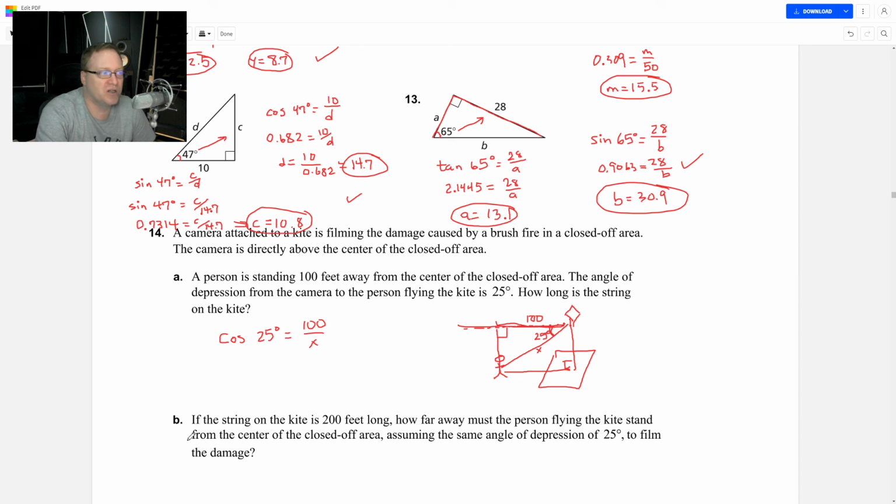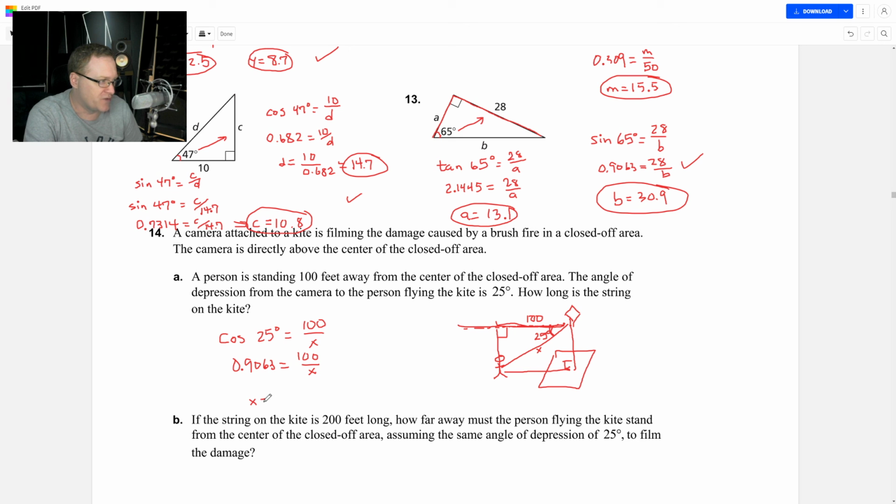That's what we want to know. So now we can just solve for x. We're going to do that by using our calculator. What's the cosine of 25 degrees? 0.9063. And that's going to equal 100 over x.